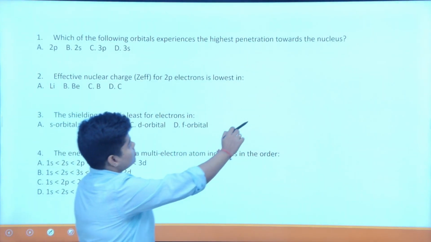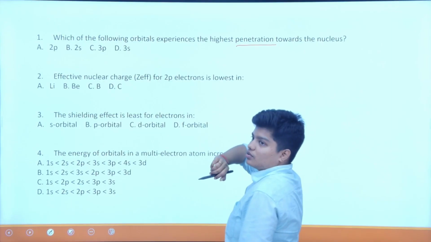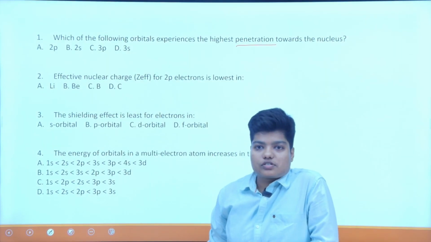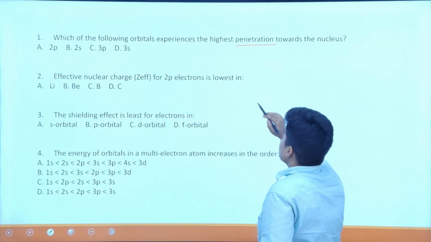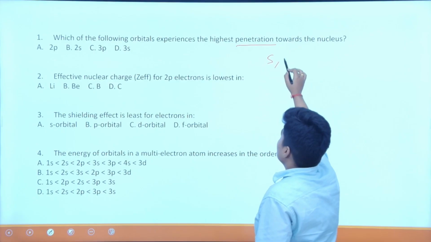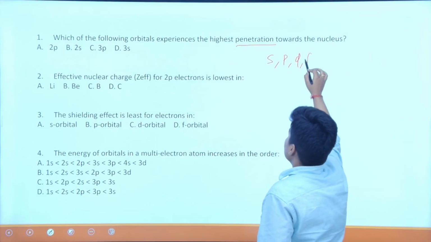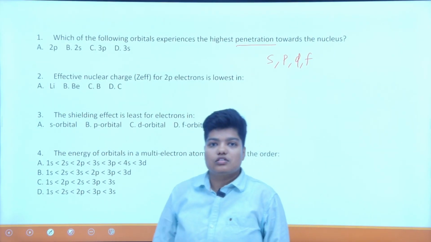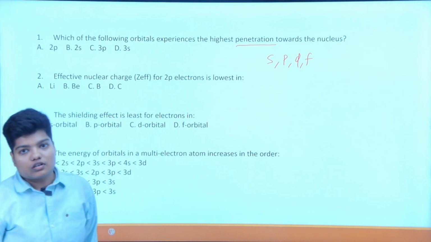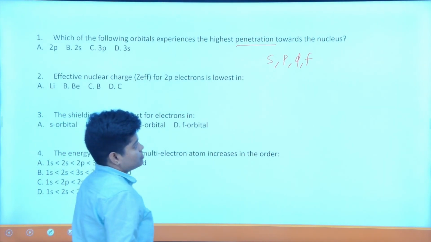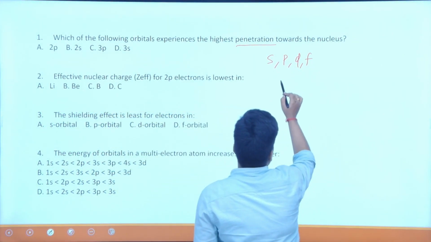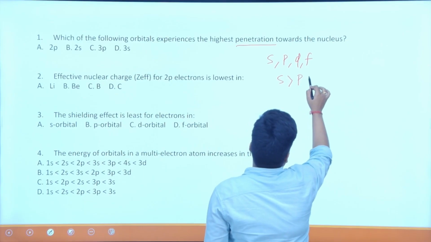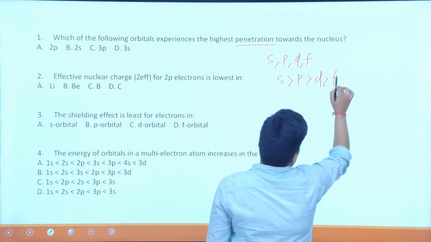Penetration means the shielding of an orbital towards the nucleus. As we all know, there are 4 orbitals, s, p, d, f, and according to their shape, the penetration power is different for all the orbitals. The general trend is that the penetration power of s will be more than that of the other 3 orbitals.